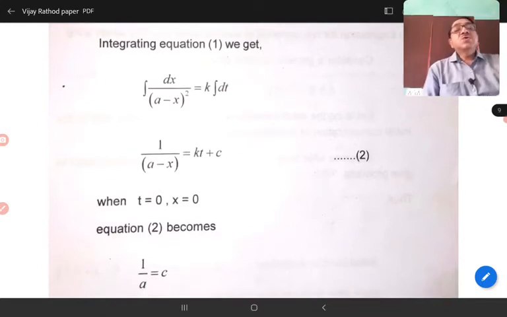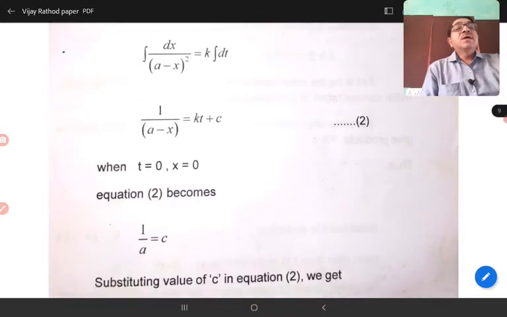When t is equal to 0, x is equal to 0, means at the initial time. Now keeping these initial values in equation number 2, when we place t is equal to 0, k into t becomes 0, and x is equal to 0, then a minus x becomes a.